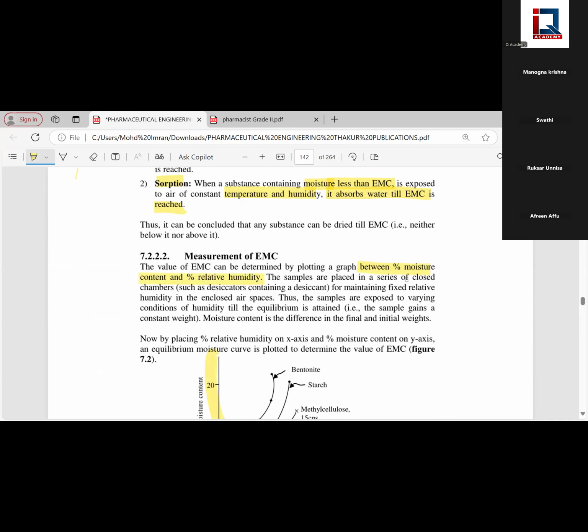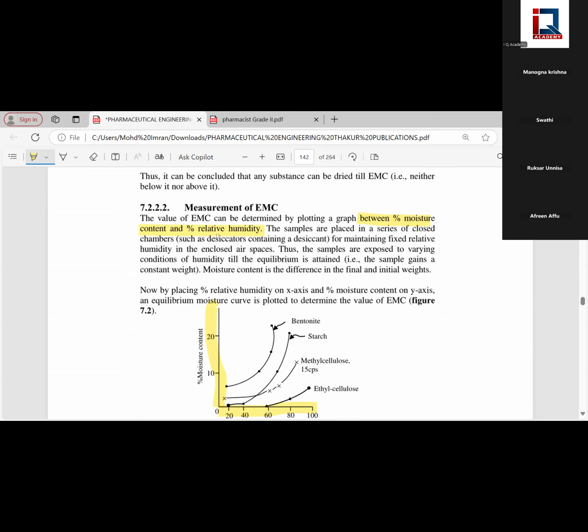The samples are placed in a series of closed chambers, such as desiccators, for maintaining a fixed relative humidity in an enclosed airspace. When the samples are exposed to varying conditions of humidity till equilibrium is attained, these samples gain constant weight. So moisture content is the difference between the final weight and initial weight.